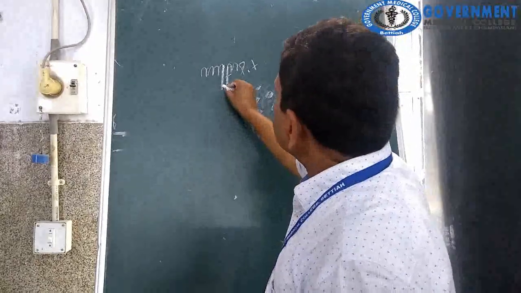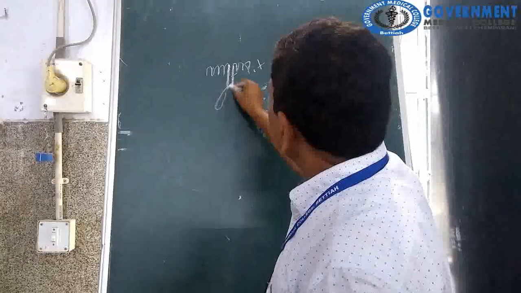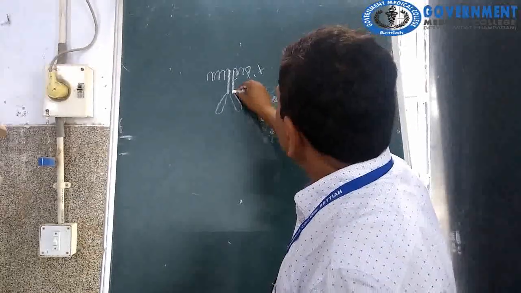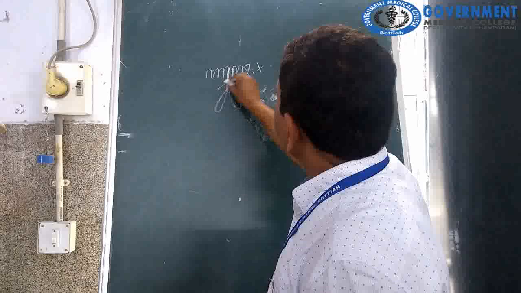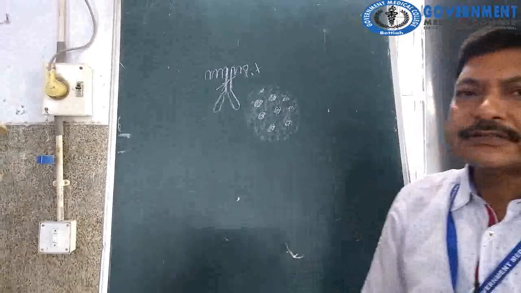Gastric glands, which are present in the lamina propria, open in this gastric pit.